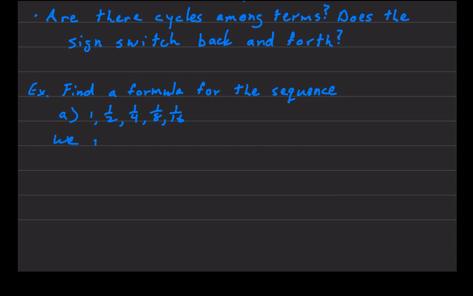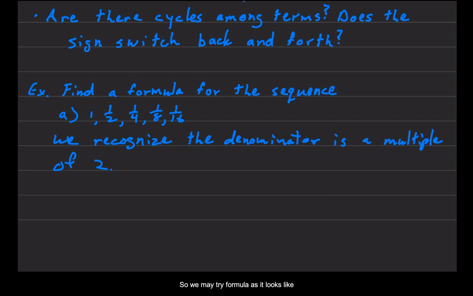So we may try a formula that looks like a_n is equal to 1 over 2 to the n power, with n being equal to 0, 1, 2, and so on.